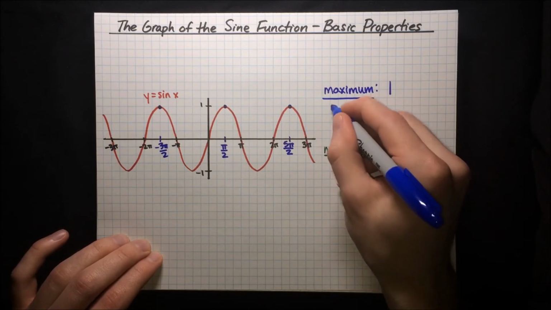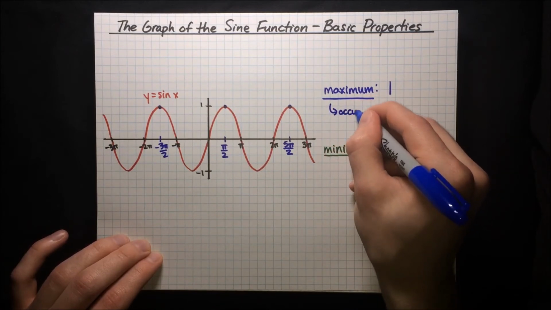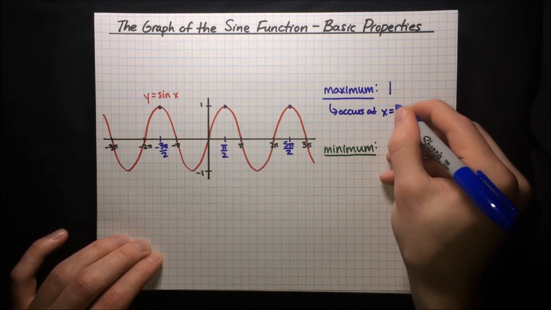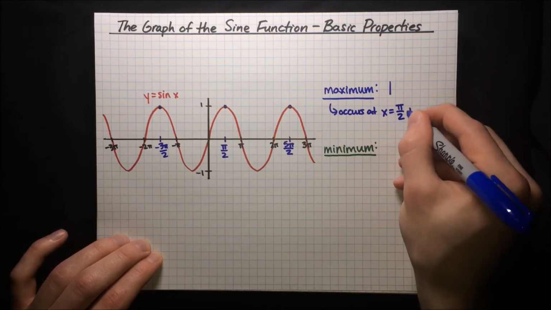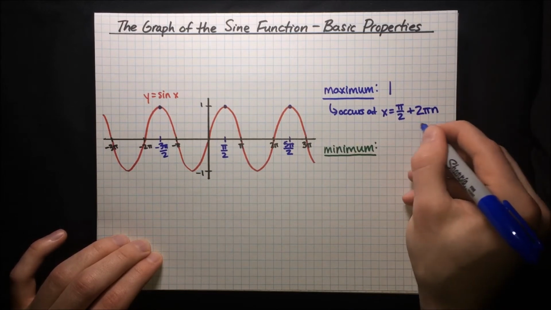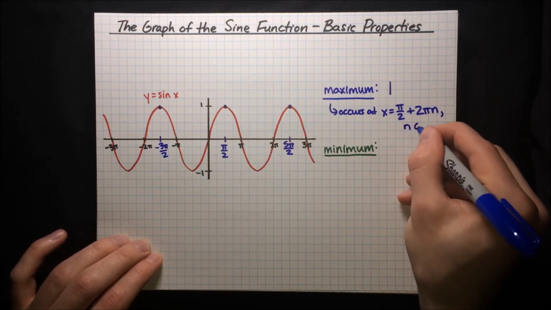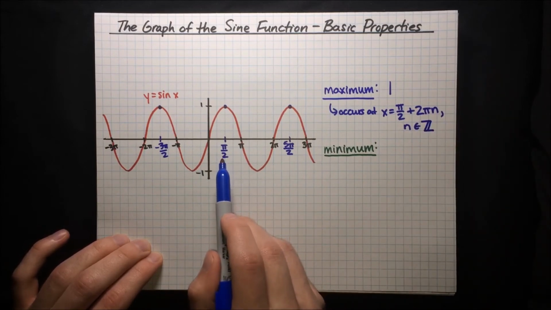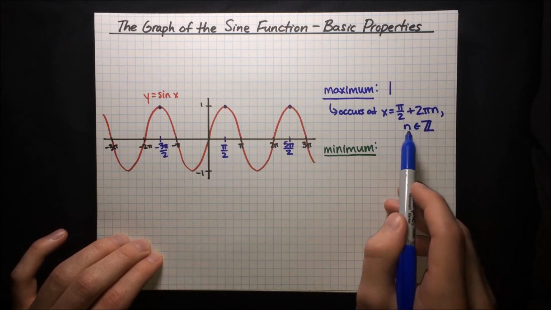So we can say that the maximum occurs at x equals pi over 2 plus 2 pi n, where n is an integer. So where n is in the set of integers. That takes care of pi over 2 because 0 is in the set of integers.